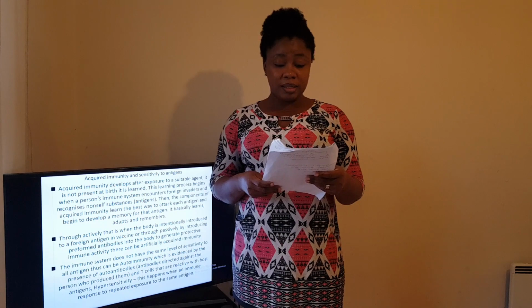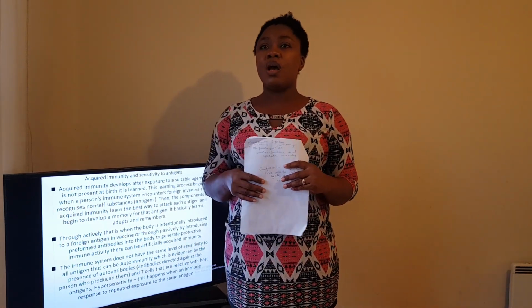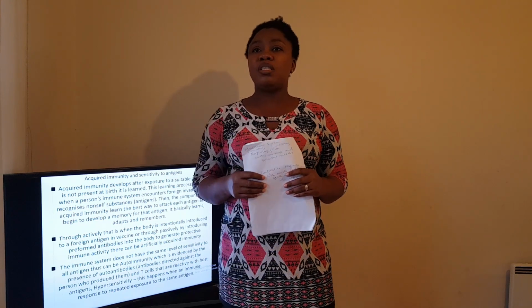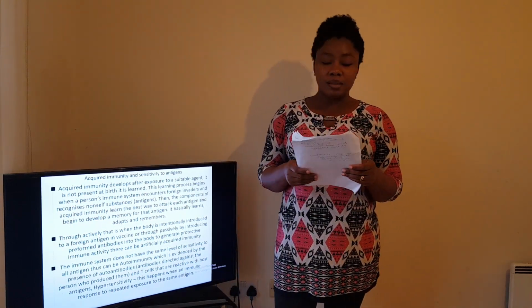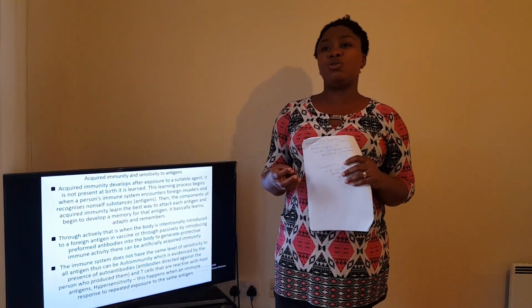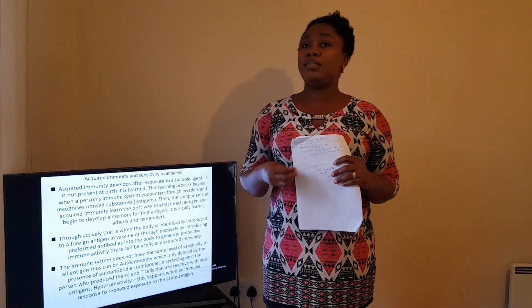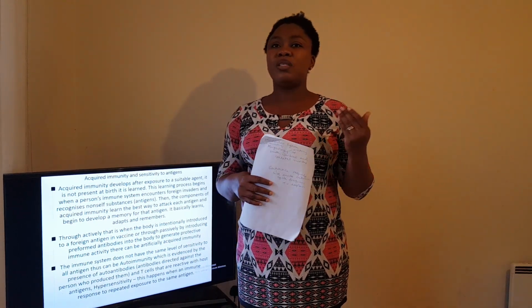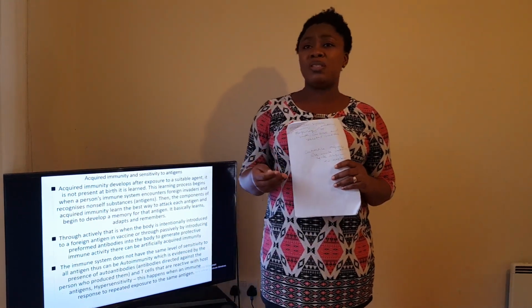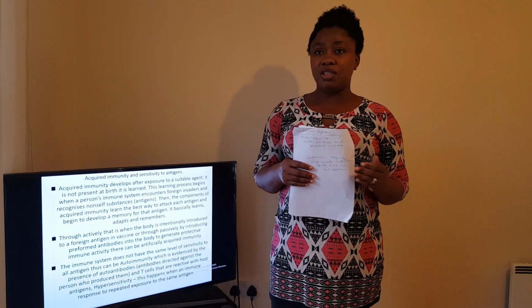And also the next question now for me to answer is acquired immunity and sensitivity to antigens. How does this happen? Acquired immunity develops after exposure to a suitable agent. It is not present at birth, it is learned. The learning process begins when a person's immune system encounters a foreign invader and recognizes a non-self substance, that is the antigen.